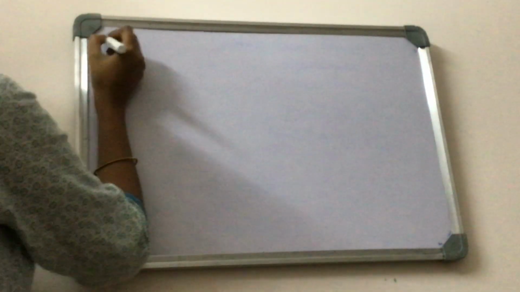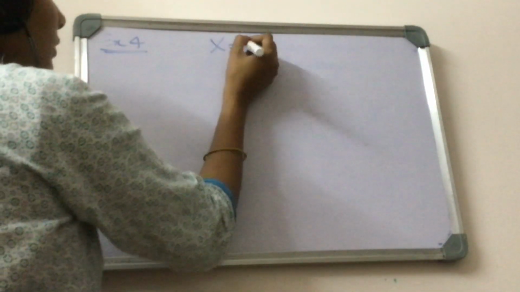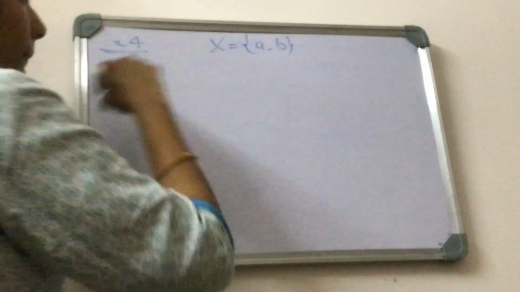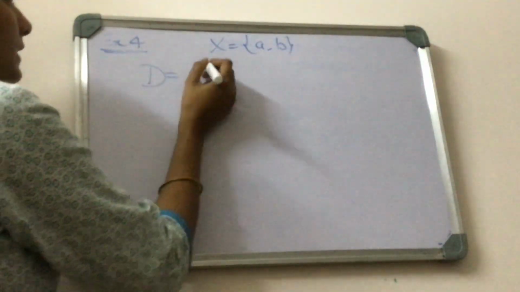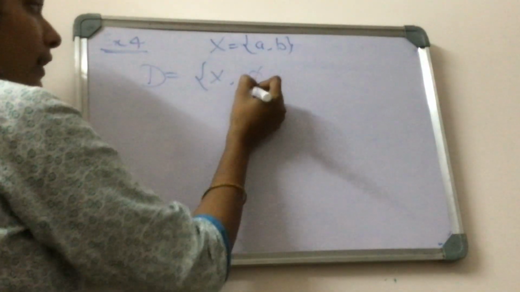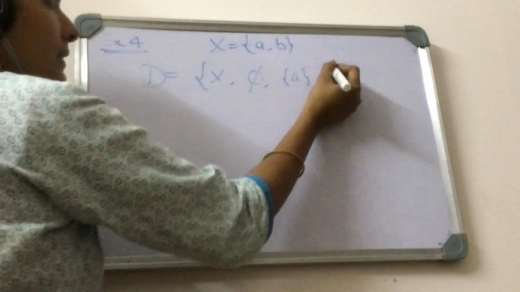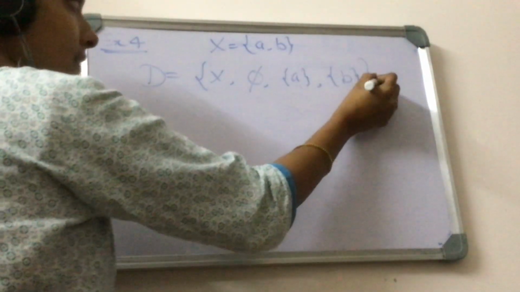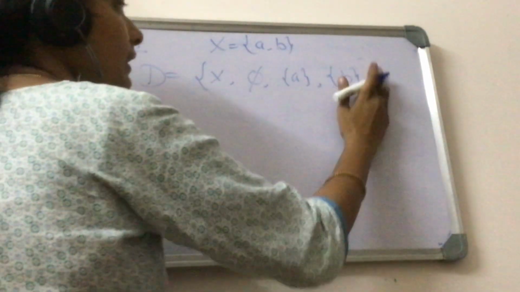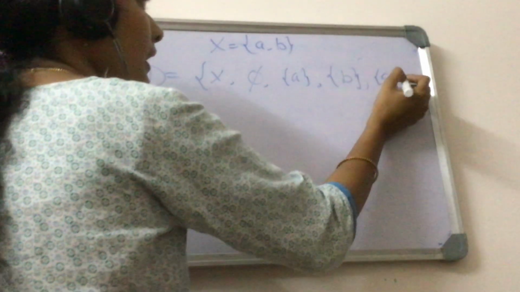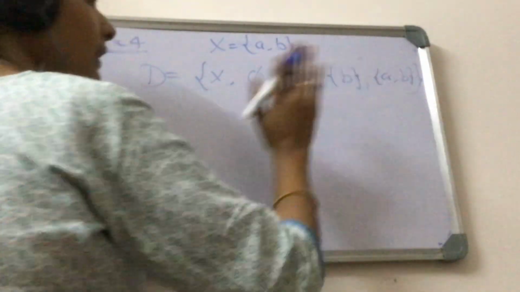Next is, write the discrete and indiscrete topologies for {A, B}. So the discrete topology is what? X, phi, singleton set {A}, singleton set {B}. Not {A, B} again because it already came. If you write it again here, it is not valid because it's not a set.